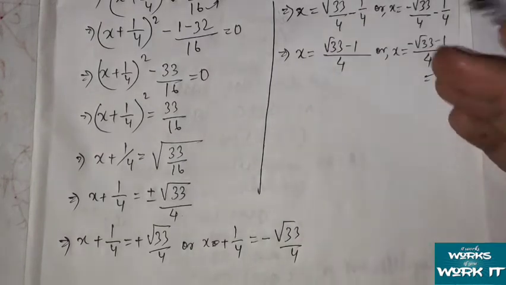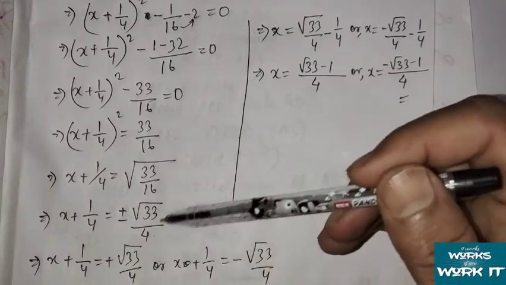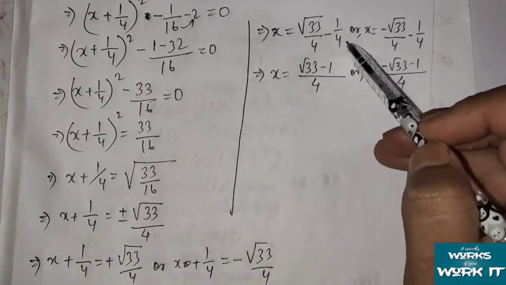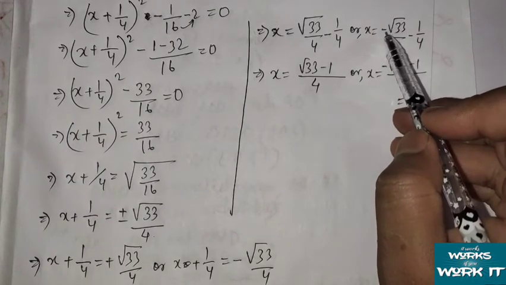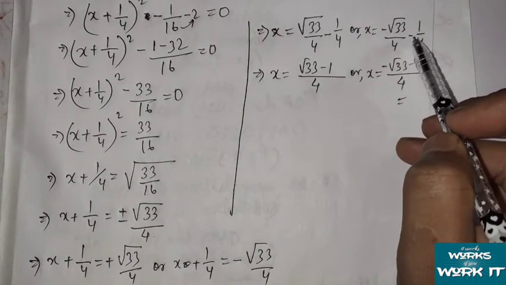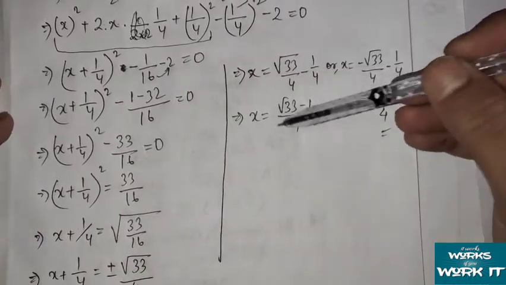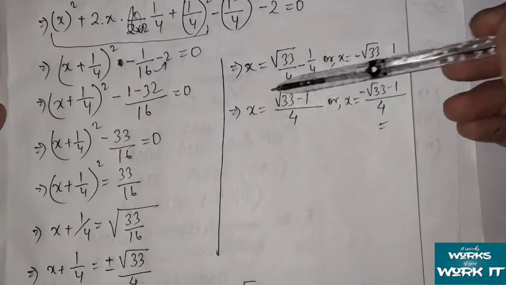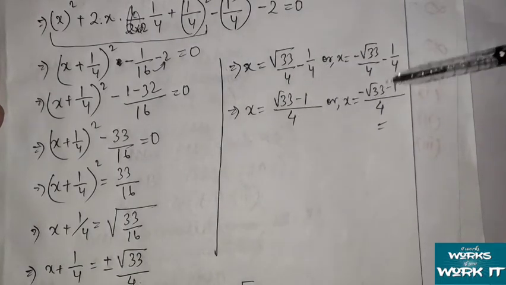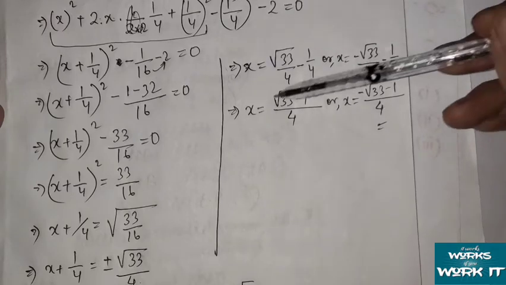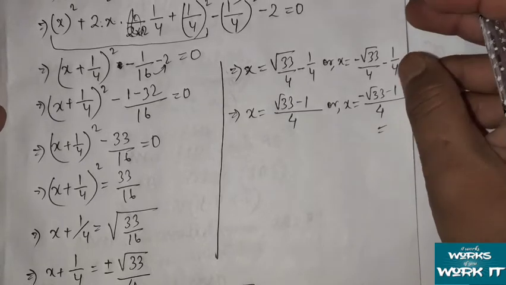Okay, so next step, x will be equal to, I'm sending 1 by 4 to the right hand side, it will be minus 1 by 4, and while dealing with the negative value, again this will become minus 1 by 4 after sending from right hand side to the left hand side. So lastly, we are getting the two roots here. The denominator is the same, so I have used the same value. Okay, then this is our two roots for equation 2.